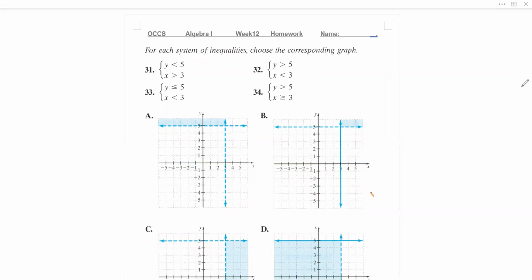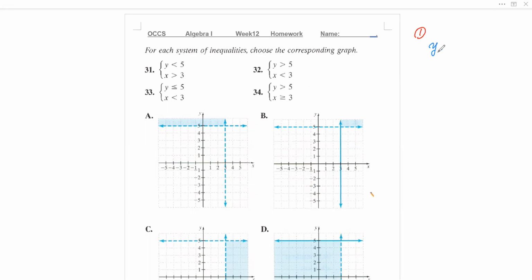Last week, we learned a couple of things, right? What did we learn last week? We tried to learn the system of inequalities. And we know that a system of inequalities is actually made of two inequalities.